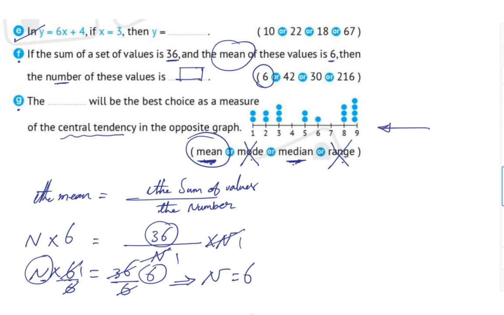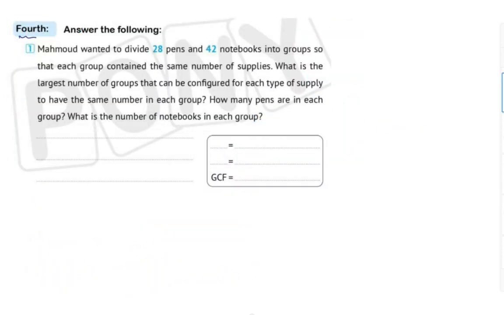Okay, let's go. Fourth, answer the following. Point number 1. Mahmoud wanted to divide 28 pens and 42 notebooks into groups.